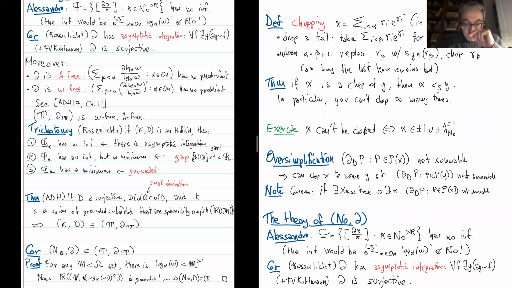This is a model of the theory of transseries. Of course, as long as I put the right derivative here. Okay, because we know already that this derivative is surjective on surreal numbers. So we have one ingredient from Monday, and now this observation, this theorem here gives us the other piece.